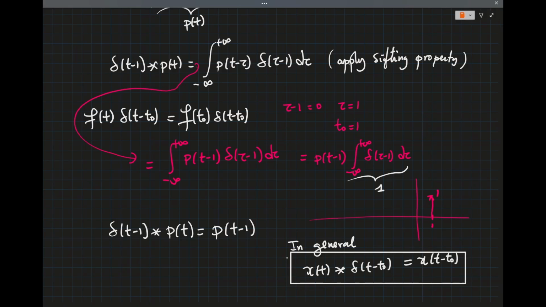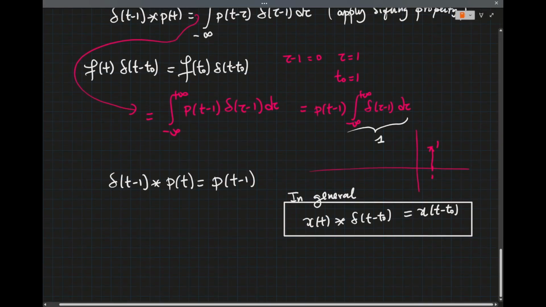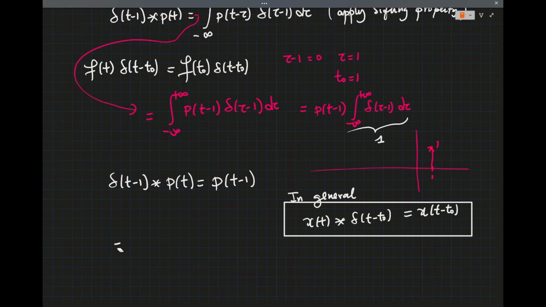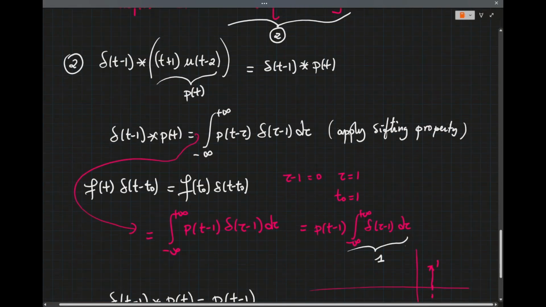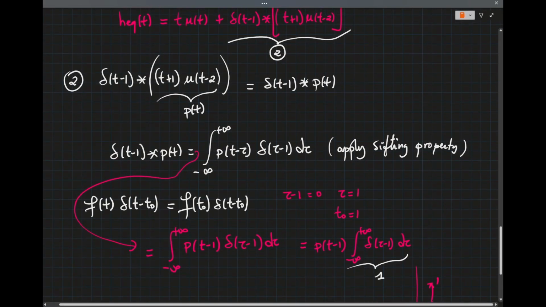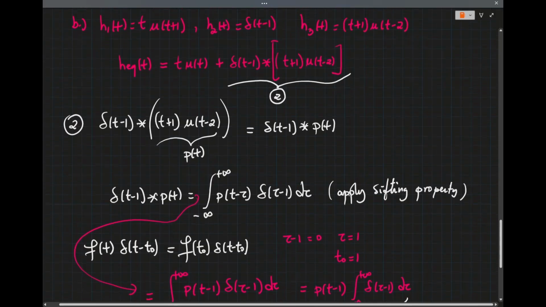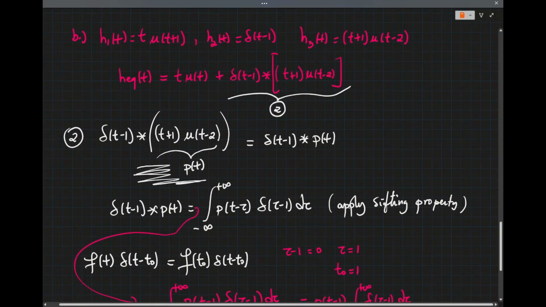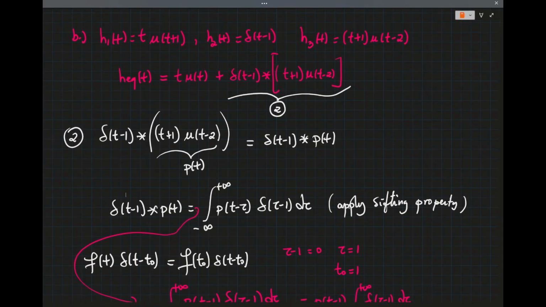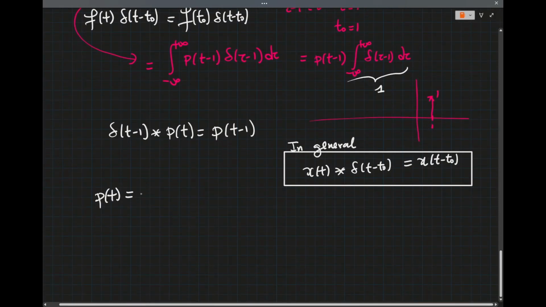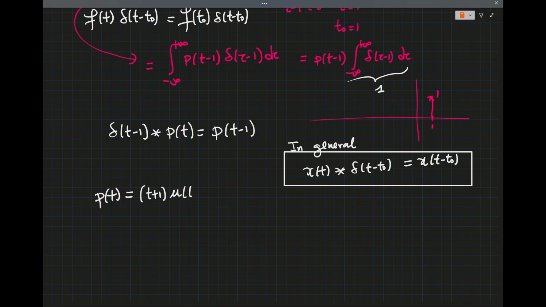Now that we know this, we know that p of t equals t plus 1 times u of t minus 2.